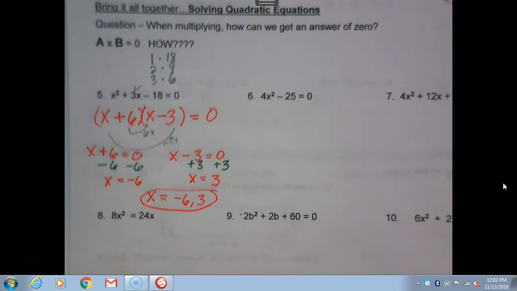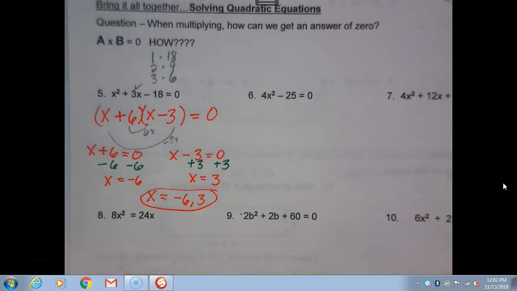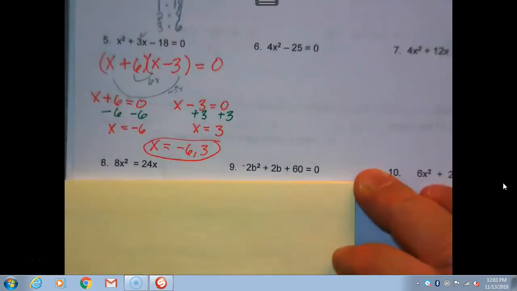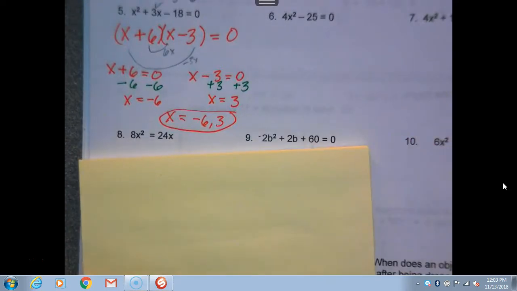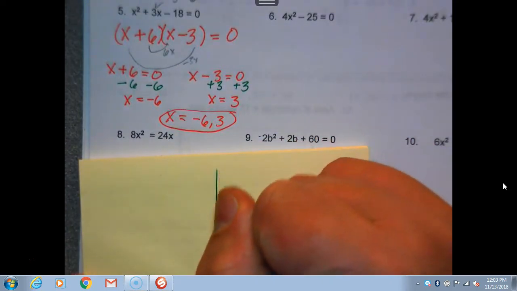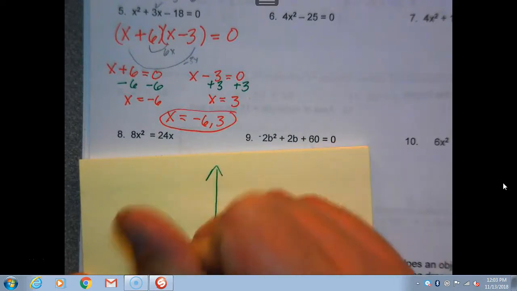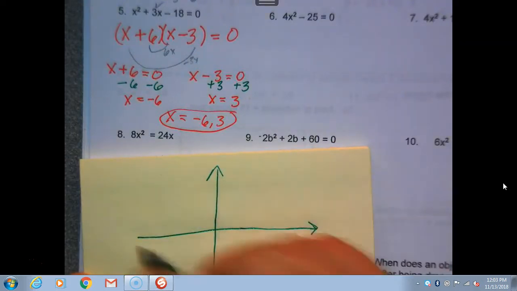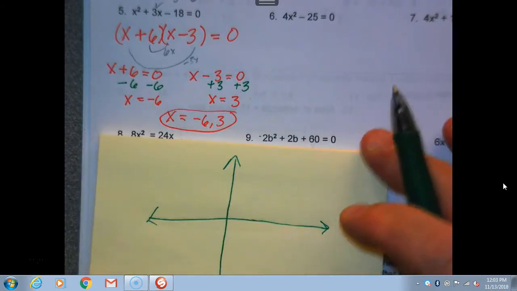Now, what does that mean? X equals negative 6 and 3. Anybody? Anyone? Any guesses? It's the coordinates. So you're saying it should be on a coordinate plane, Cartesian plane. Okay, so let's make one up. So here's my Cartesian plane. And which axis, the x or y axis?